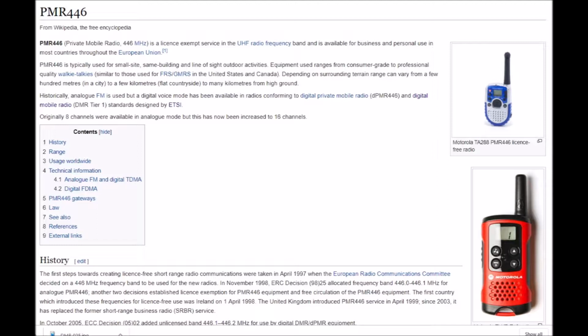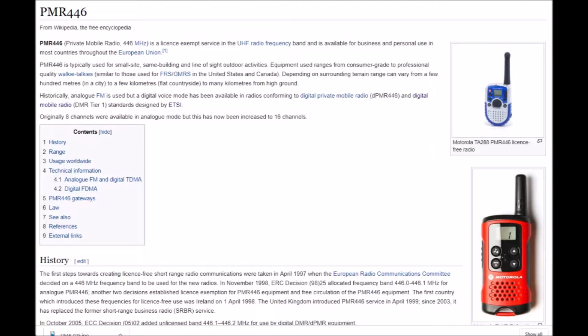Okay, so this isn't really mobile car use. I stand corrected. Equipment used ranges from consumer grade to professional quality walkie-talkies, similar to those used for FRS/GMRS in the United States and Canada.